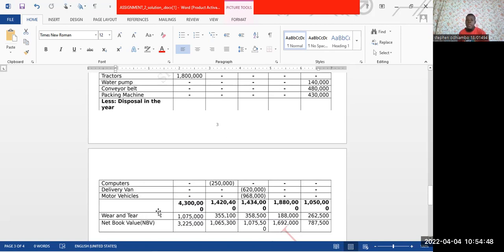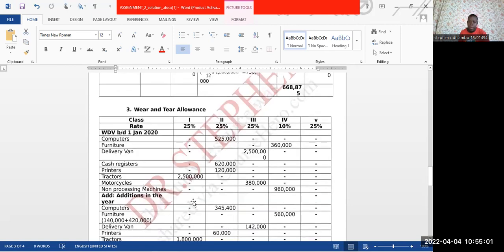So for that case, you're supposed to be lessing all that you had. For this case, there's nothing to less. For computers, you just had all this information. You will get 4,300,000, and that is if you sum up all this information.